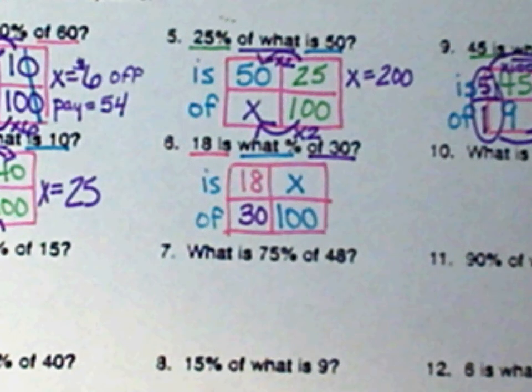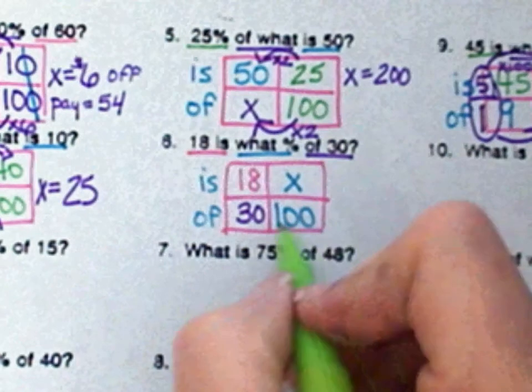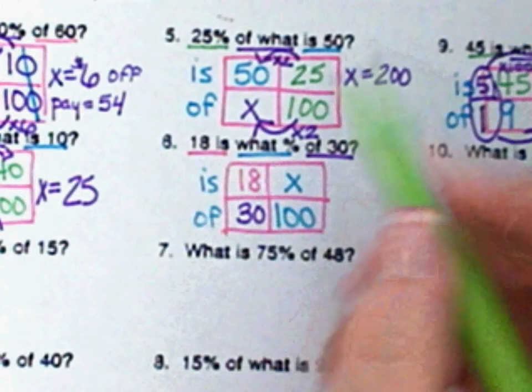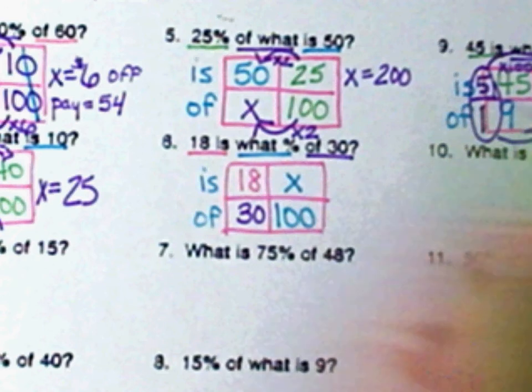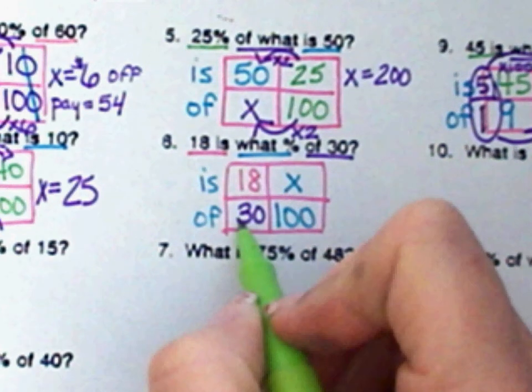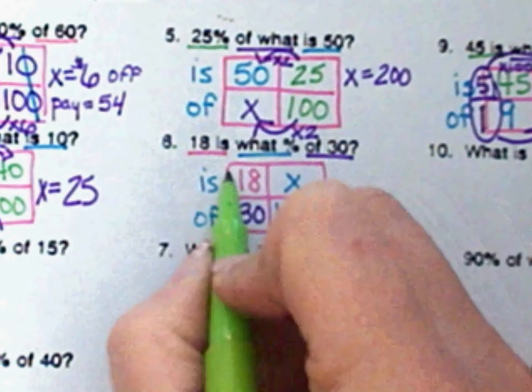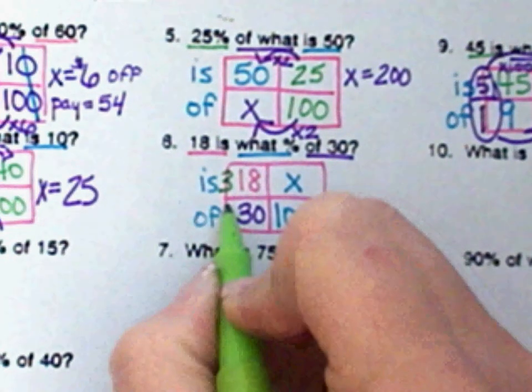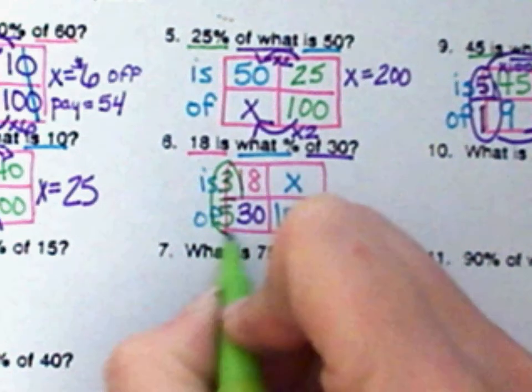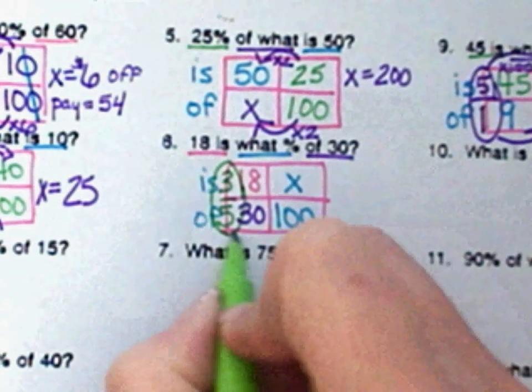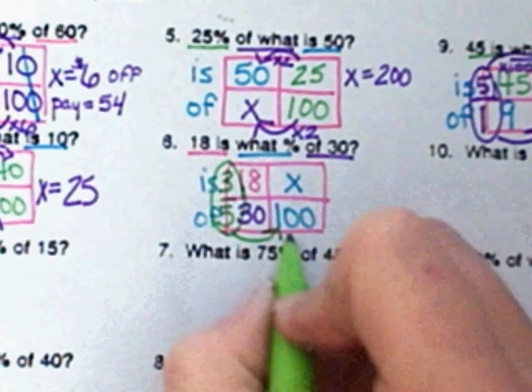Is 10. The 10 goes with the is. The top one is the one that's complete. So how can I get from 10 to 40? Times 4. Whatever I do to the top, do to the bottom. What times 4 gives me 100? X should be 25.